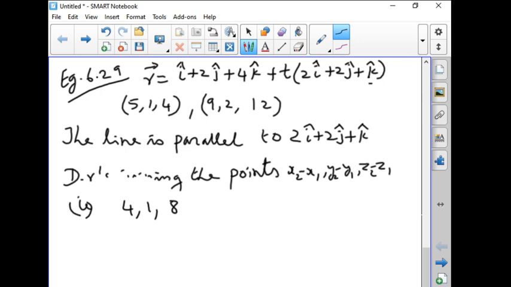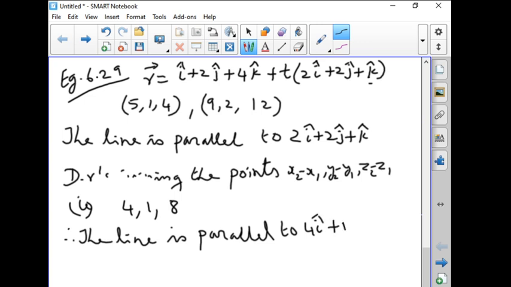So, the required line is parallel to 4i cap plus j cap plus 8k cap.